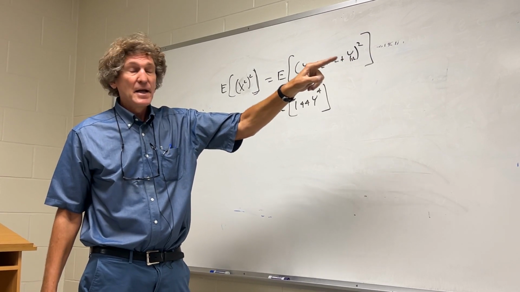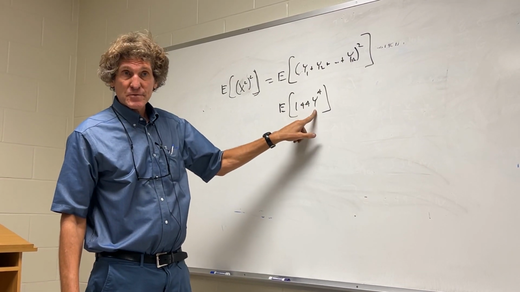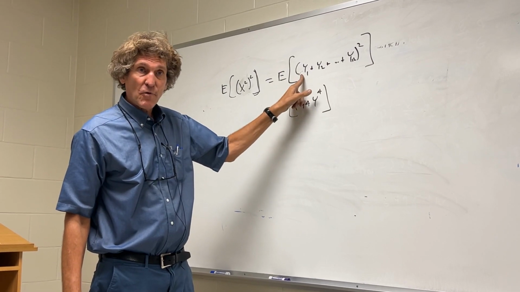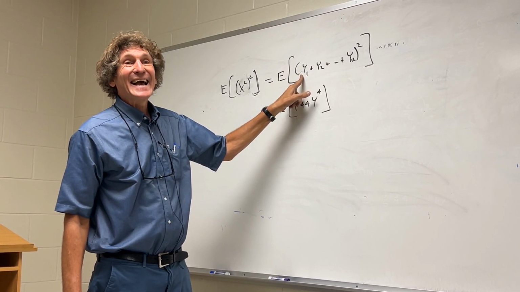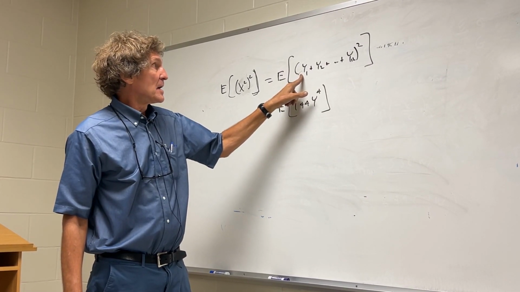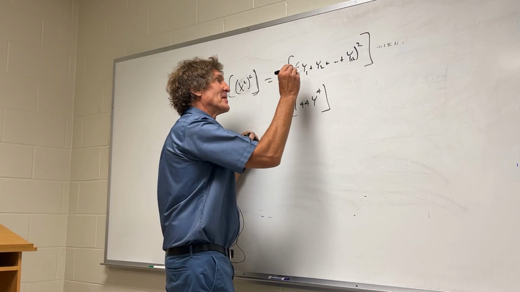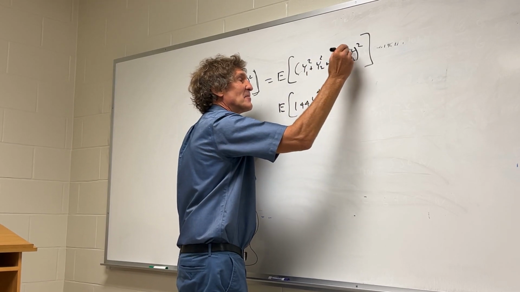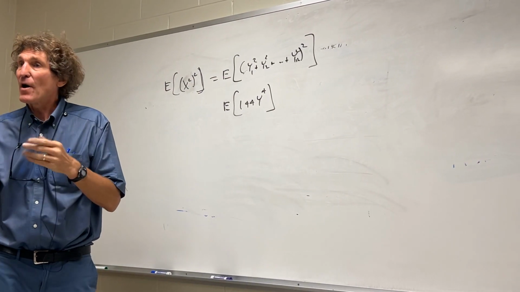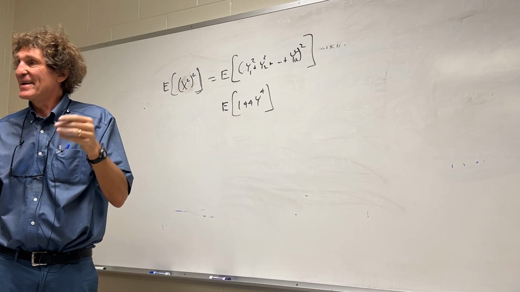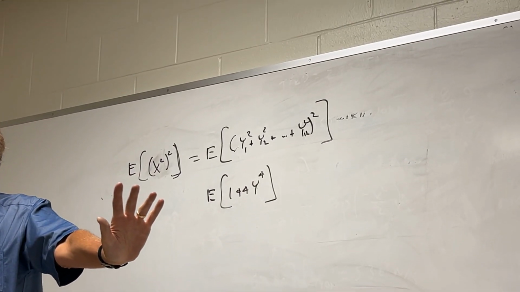Do you agree with that? Now, that's 144 times y to the fourth. Just think about it: y1 times y1, y squared. Let me say this again, these are squared. My bad. When you multiply them out, you're going to get y to the fourth. You all follow me? But you're going to get 144 of them.